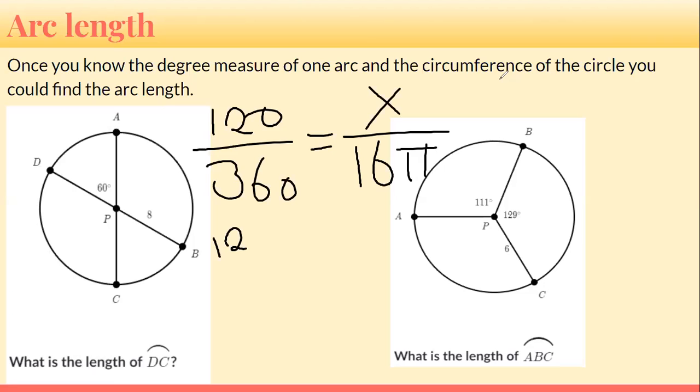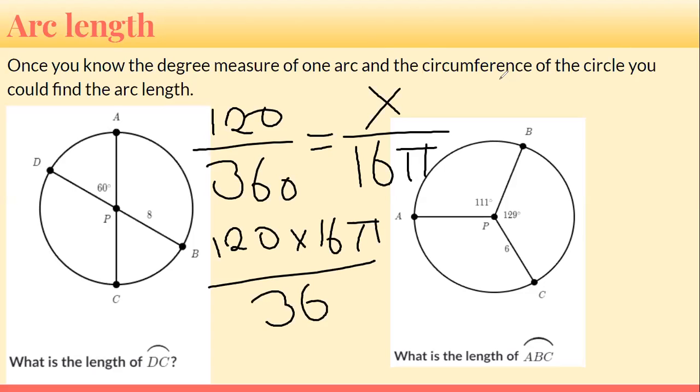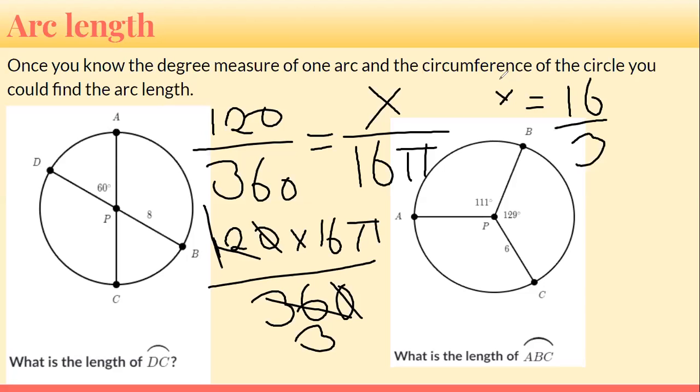Just need to do this over 360. Cancel out the zeros, cancel that out. That's 1, that's 3. So x is equal to 16 over 3 pi. That is easy, right? That is really easy. No? I wish I had someone to teach me.